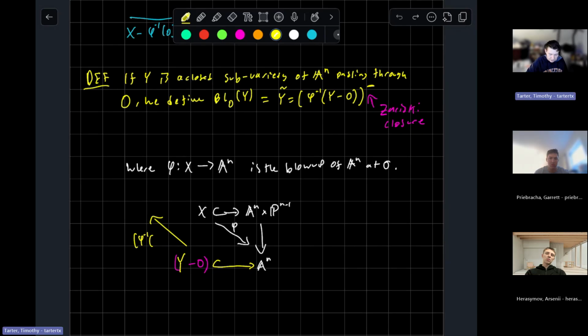I guess this is the Zariski closure of phi inverse, goes to Y squiggle, which is injective. There we go. That's our commutative diagram.